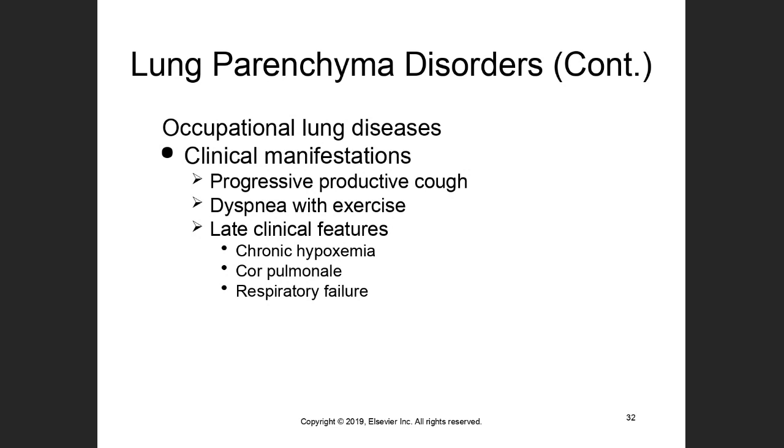You have to ask for past history, your history of working. Manifestations: progressive productive cough, dyspnea with exertion, and clinical features of chronic hypoxemia, cor pulmonale, and respiratory failure.